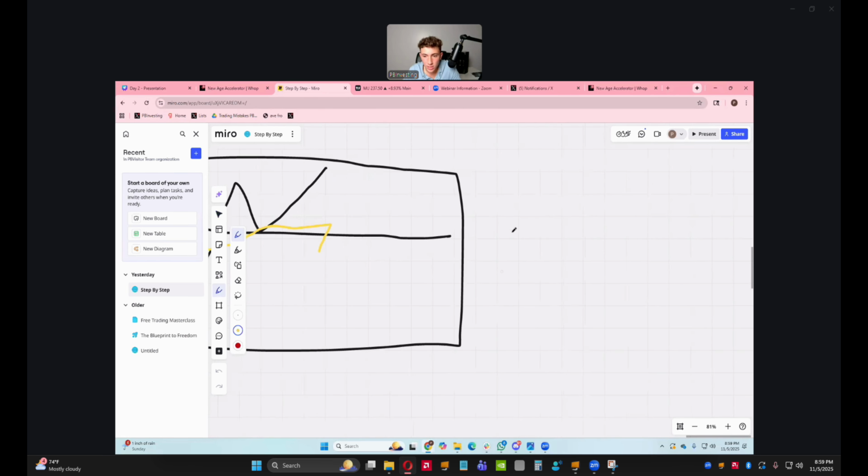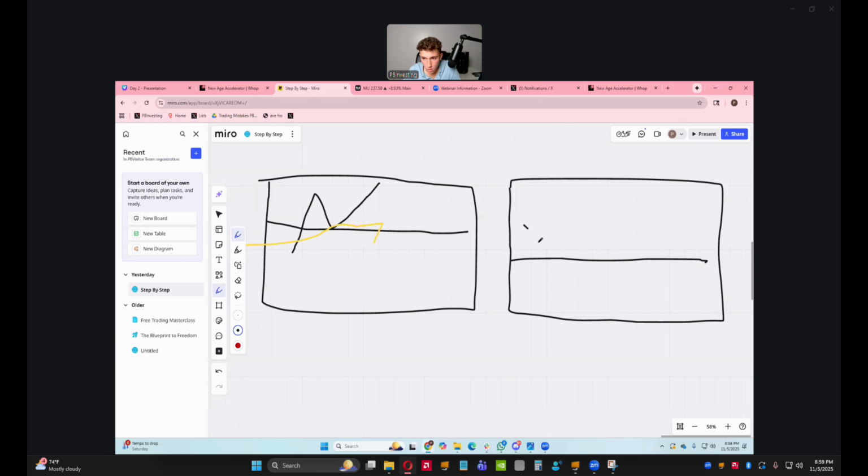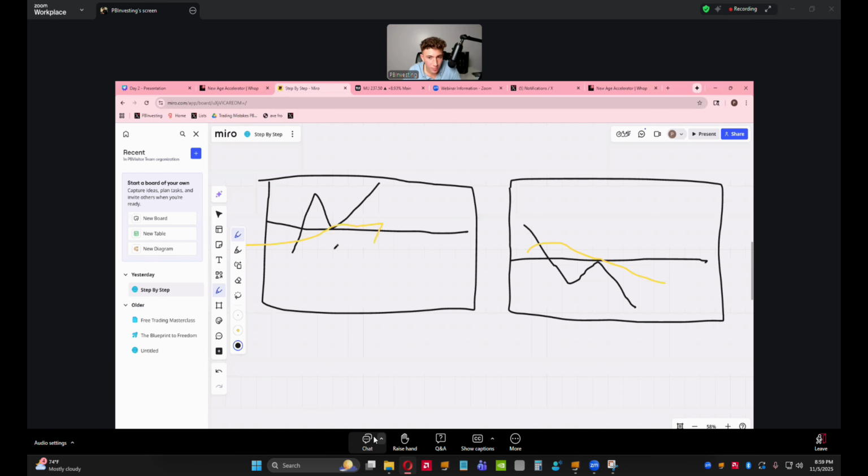Same thing with the downside. So does this make sense? How when it's lined up with the VWAP is when it's absolutely A plus?